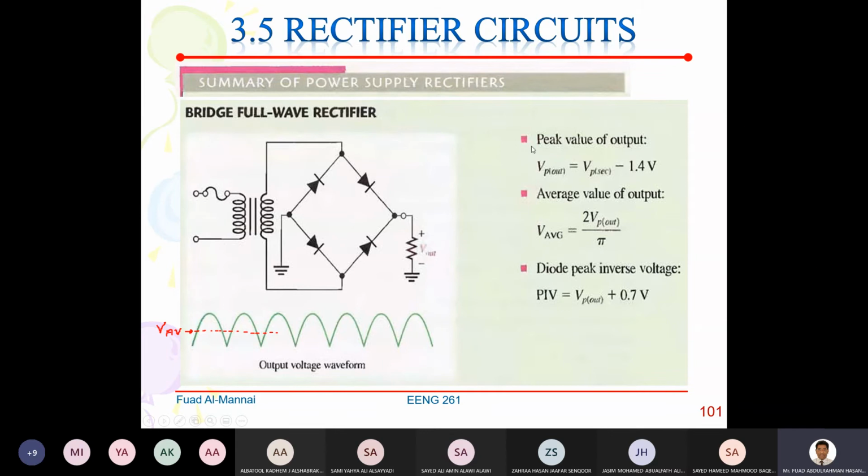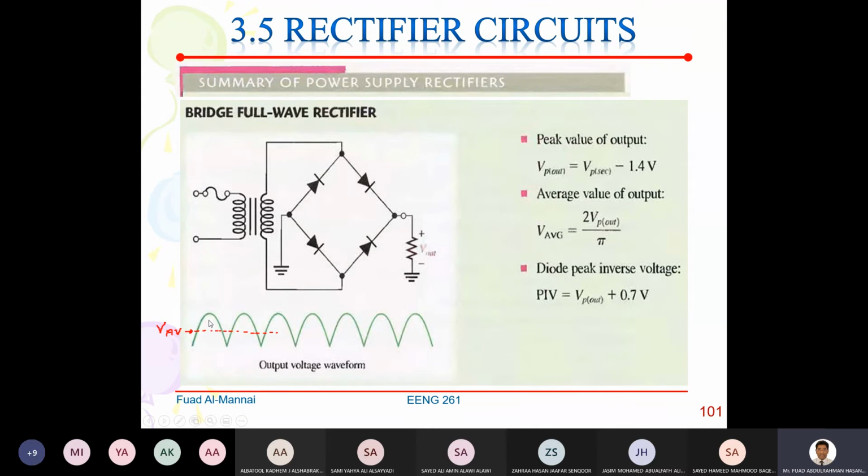Now if we want to find the peak value of the output, V out is equal to V secondary minus 2 diode drops, which in this case is 1.4, and that will give you the output here. If we sketch it, we sketch it like this. This is the output of the full-wave rectifier.